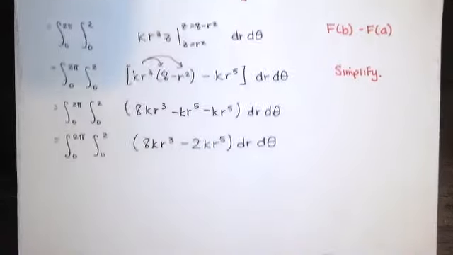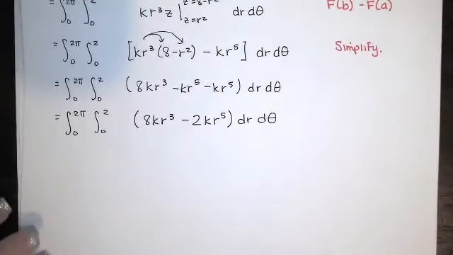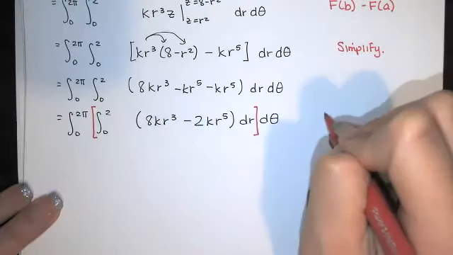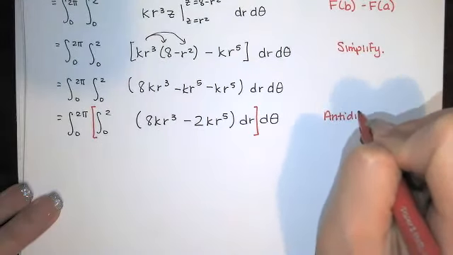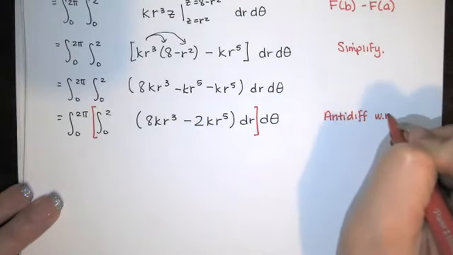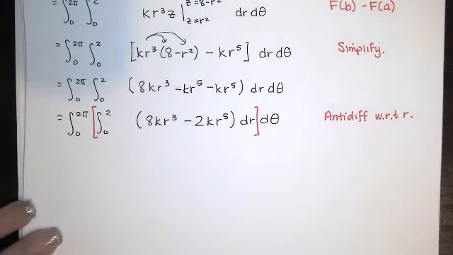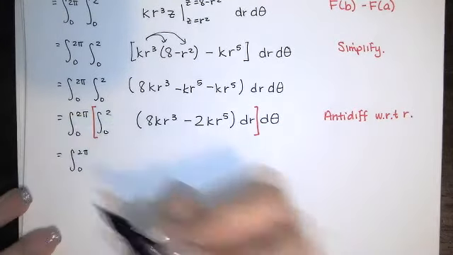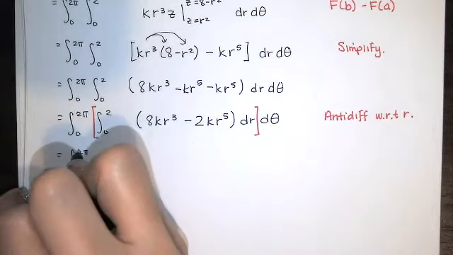Okay. And now we anti-differentiate with respect to r. So we do the next integral. k is just some constant of proportionality. I don't know what it is, so we just treat it like a constant.